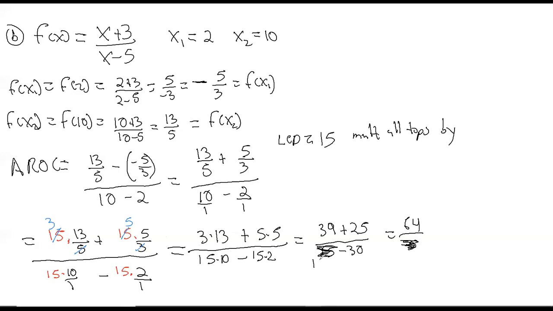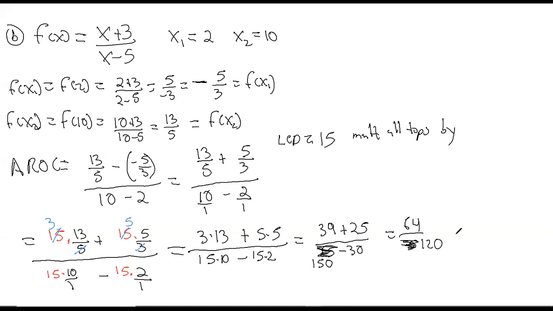Sorry about that. And then 150 minus 30 is going to give us 120. I honestly don't know where that 25, oh, I know why. I was looking at the 5 times 5. Reading, writing, and talking at 3 different speeds is always fun.